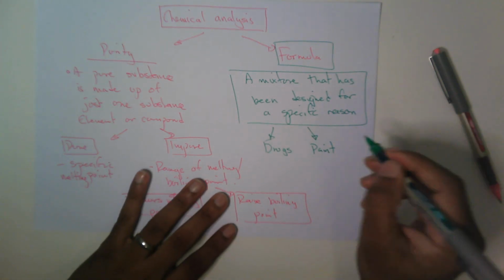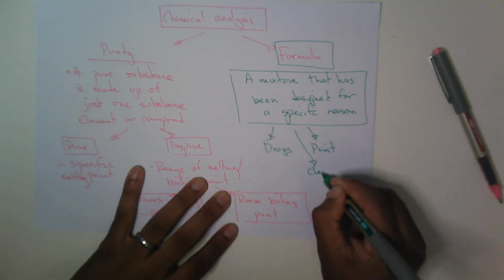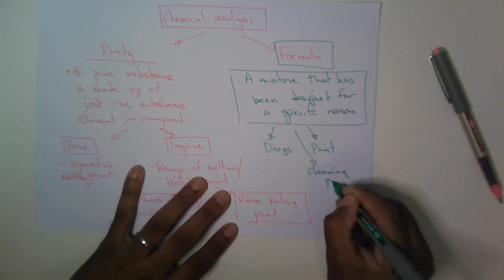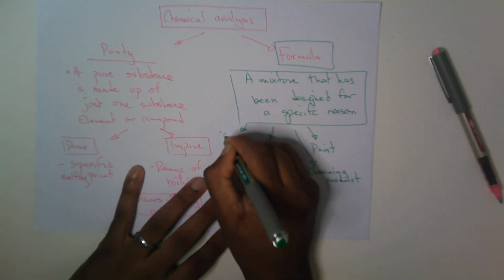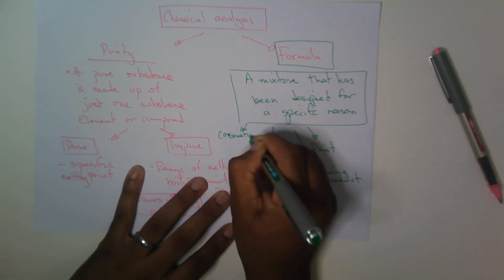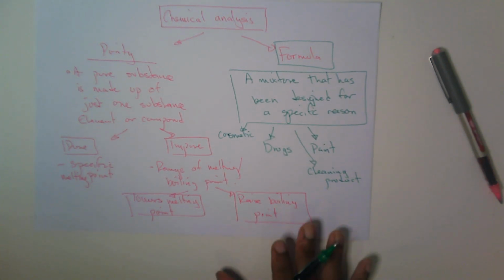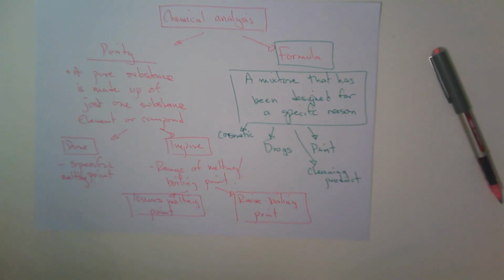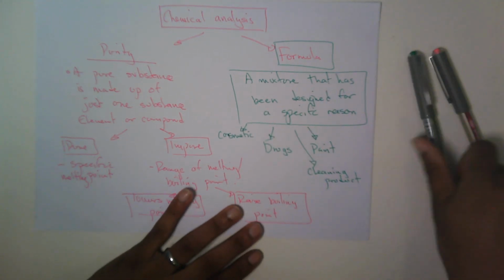But then you've got a massive range of different things, cleaning products, you've got cosmetics, so these are all formulations. They've got basically substances that have got a very specific role to carry out, and that's basically what formulation means.